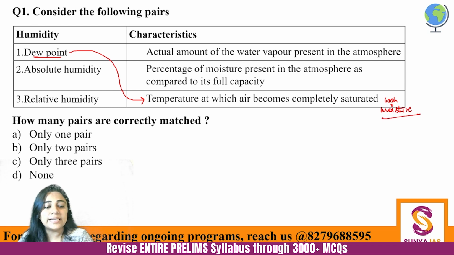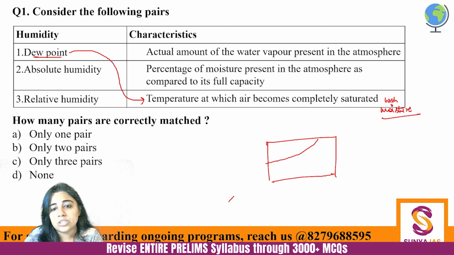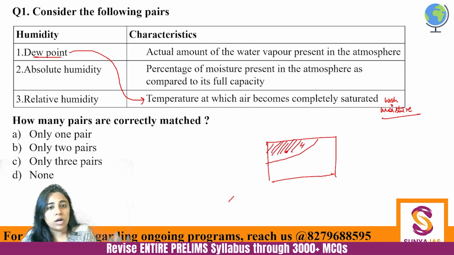And when it is completely saturated, just try to visualize this. This is one air patch wherein cumulatively this much is the water component. Okay, so it will not transform into a liquid because there is still a lot of space for a lot of water.